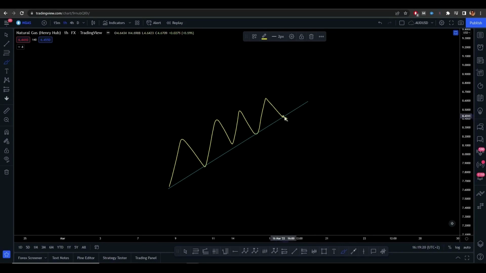So price breaks out, and then the throwback move often happens where it comes back to the extended trend line and bounces off from this point, because this area has previously served as a dynamic support area. Now it's a dynamic resistance area.